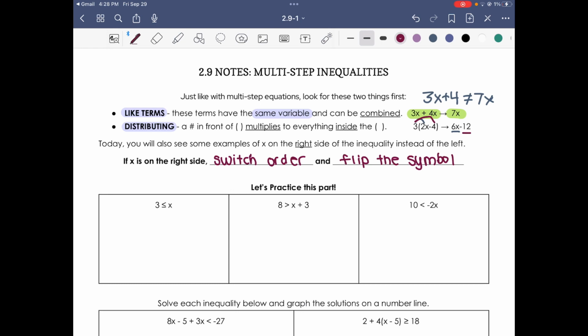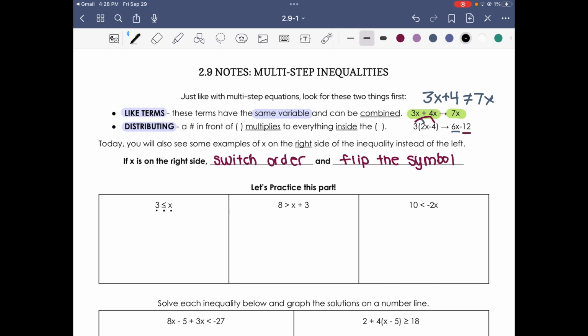So let's practice that first just so you know what it looks like before we get to it in the middle of an example. If you see the inequality 3 is less than or equal to x, that is the same thing as saying 3 is smaller than x, which means x is bigger than or equal to 3, or greater than or equal to 3.